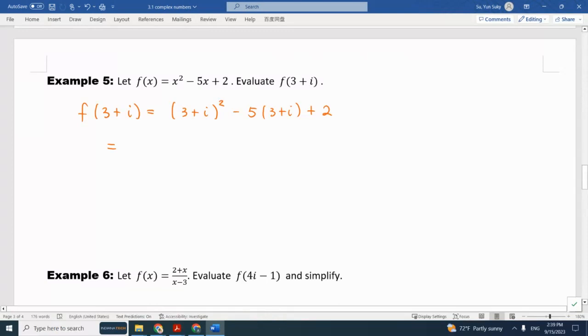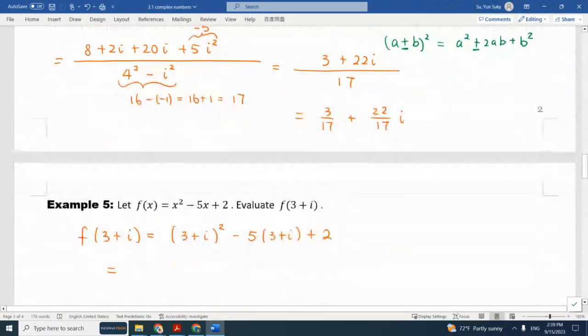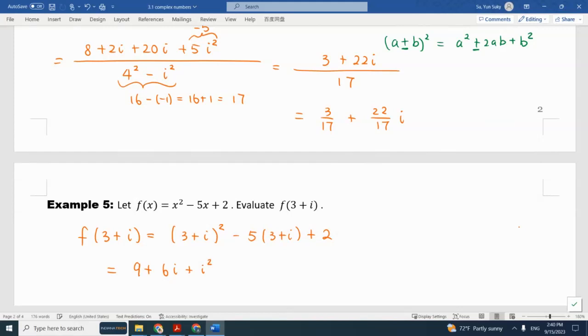What is 3 plus i squared? Look at the formula. What's a plus b squared? So 3 plus i squared is? Good. Let me write down i squared first, then we know this is minus 1. Is everybody okay with that? We're using this formula, with a is 3 and b is i.